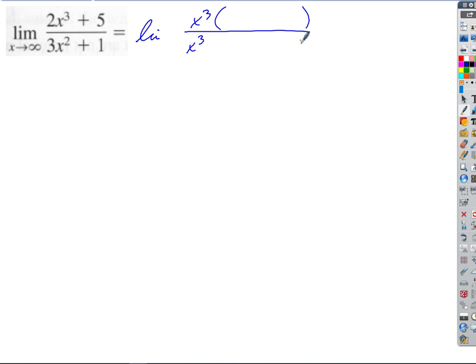On the top, I get 2 plus 5 over x cubed, divided by 3 over x plus 1 over x cubed. And this time, what happens? 0. Okay, this time we get 0, right?